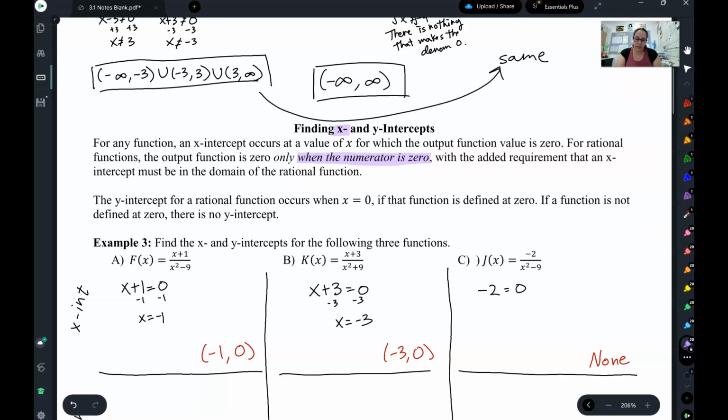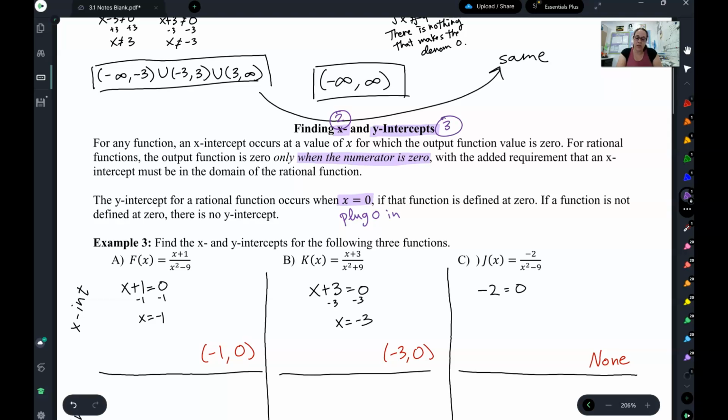Rule number 3 is our y-intercepts. So for our y-intercepts, we're going to set the x's equal to 0 and simplify. So basically, this is saying we're going to plug 0 in and simplify, see what we get. So rule number 2, x-intercepts, look at the numerator, set it equal to 0.